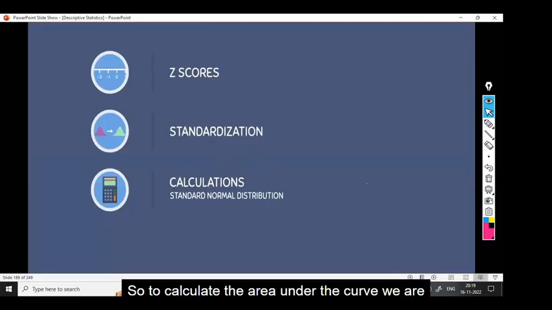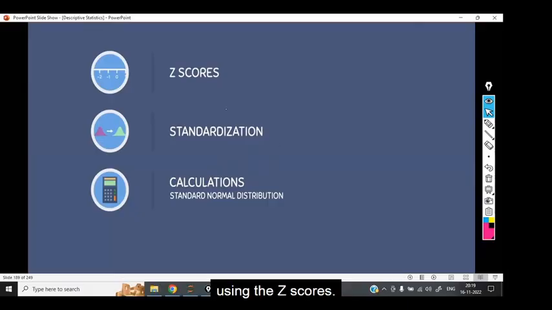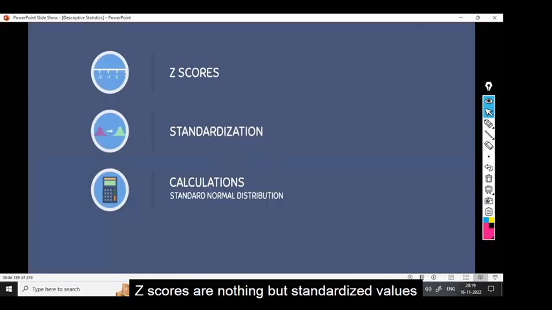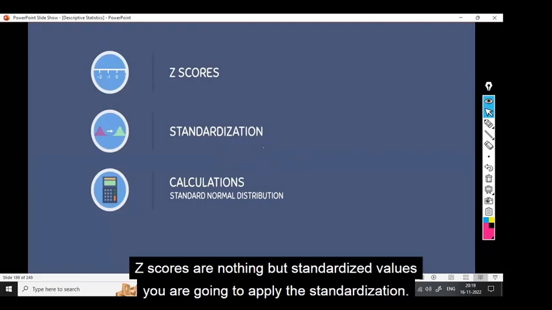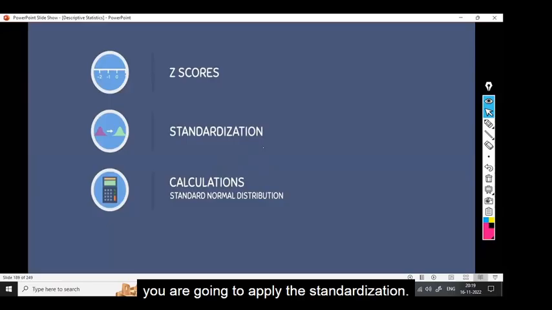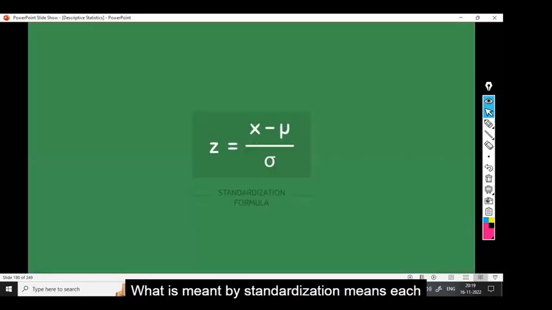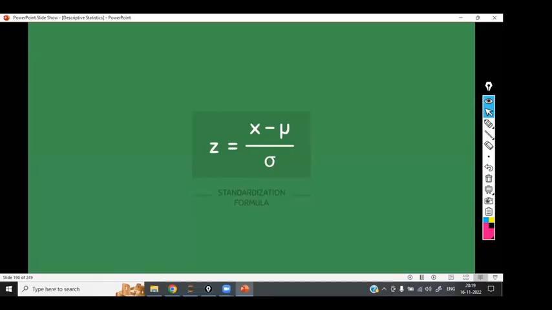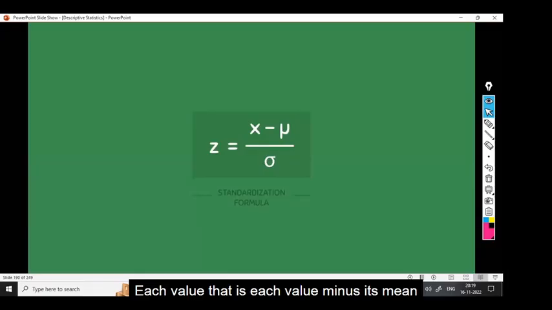So to calculate the area under the curve, we are using the z-scores. Z-scores are nothing but standardized values. You are going to apply the standardization. What is meant by standardization? Means each value minus mu divided by sigma. Each value minus its mean divided by sigma is called as z-score.